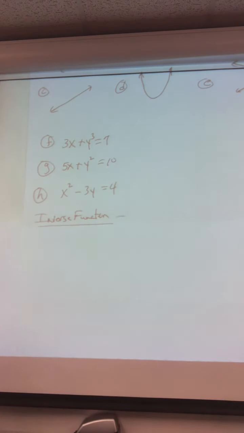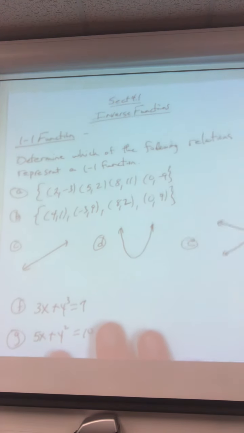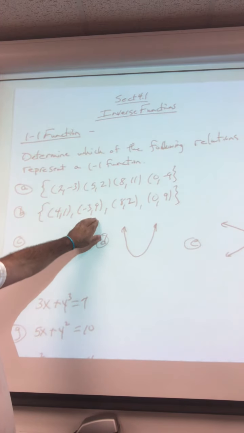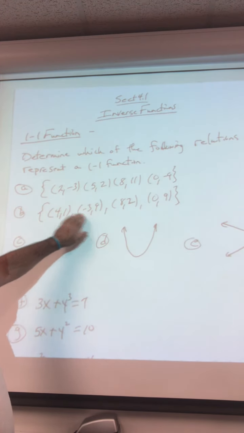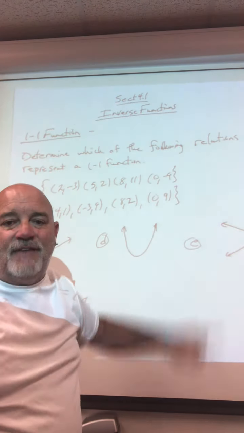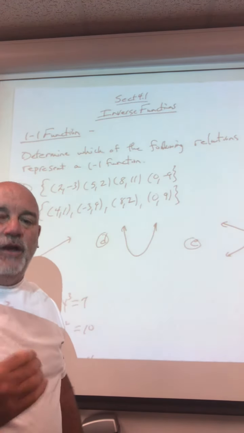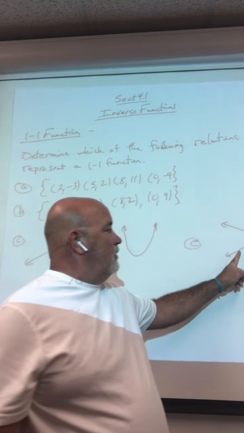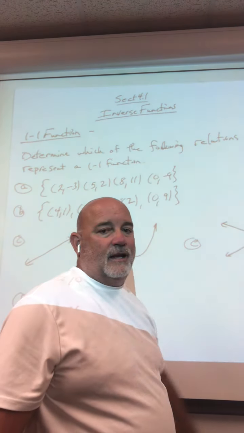So, let's look back at the problems we just did. Look back at the ones we just said no to. Remember this one right here? This one was no, because the 9's repeat. So, would that have an inverse function? No, it doesn't. This one was no, because it failed the vertical line test.